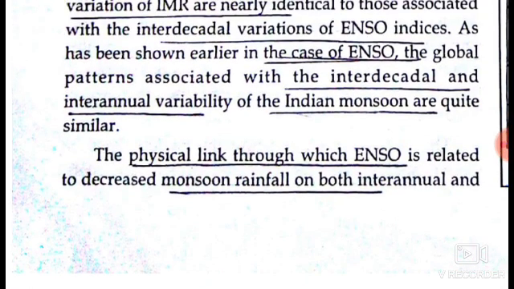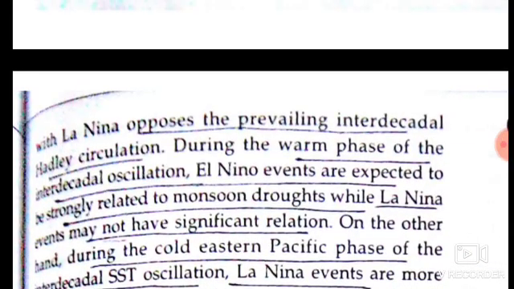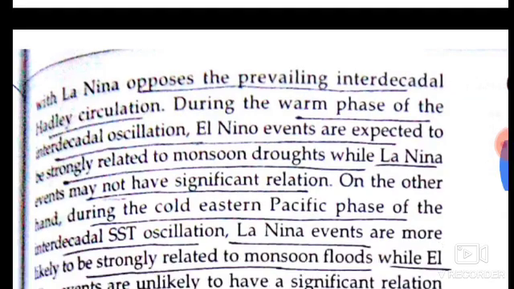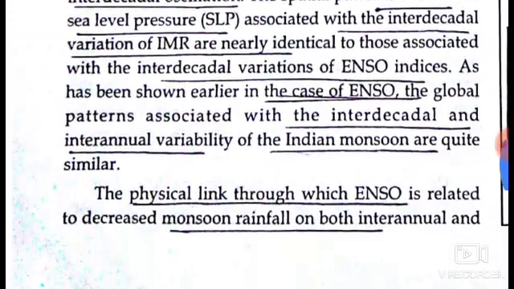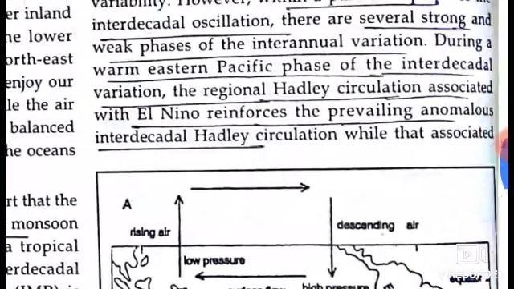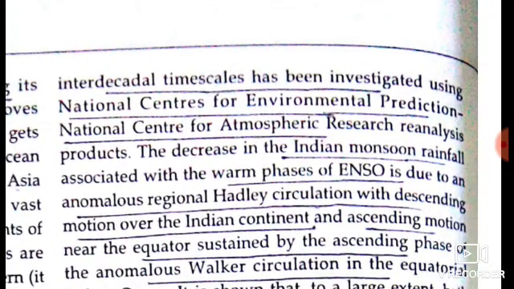The physical link through which an ENSO is related to decreased monsoon rainfall, on both interannual and interdecadal timescales, has been investigated using National Centers for Environmental Prediction, National Center for Atmospheric Research analysis products.